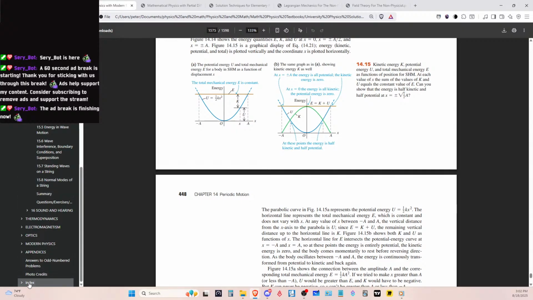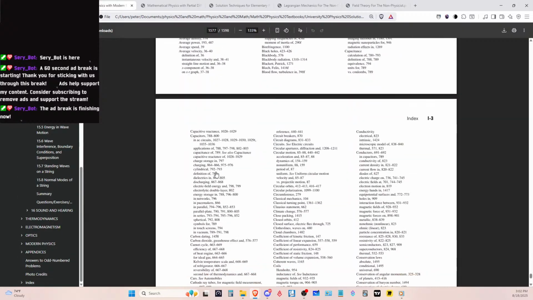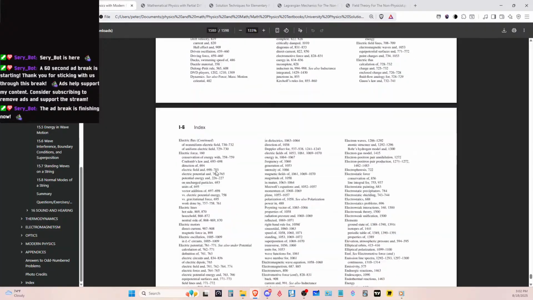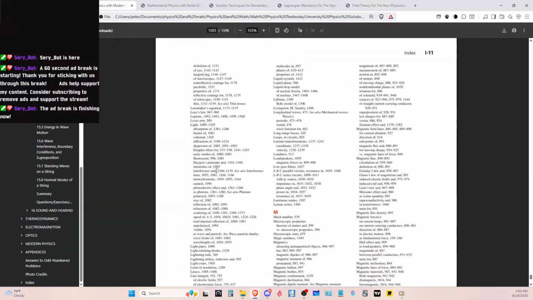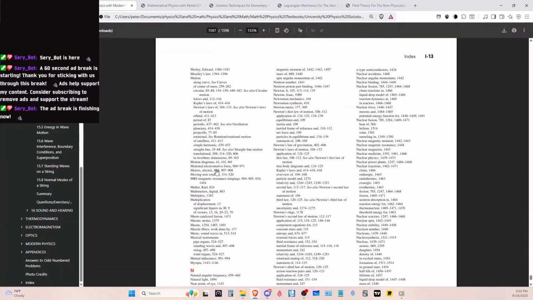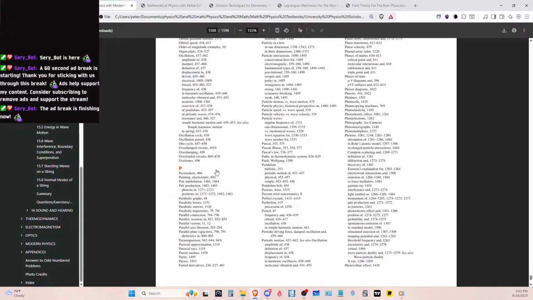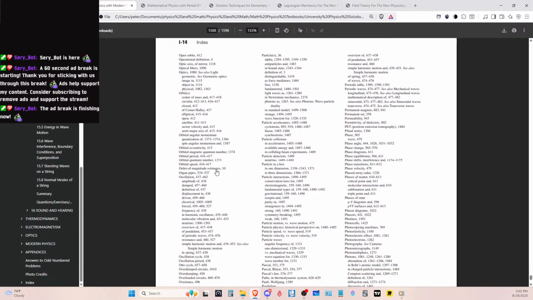Let's look at the index. Looking for O for octave. Oh, we're at the O's. Octave.